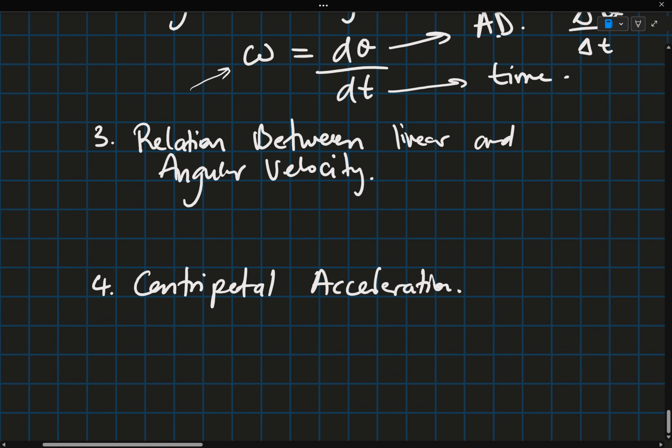And then the centripetal force is going to be equal to m r omega squared, or it is equal to mv squared over r. So those are the key equations that we need.